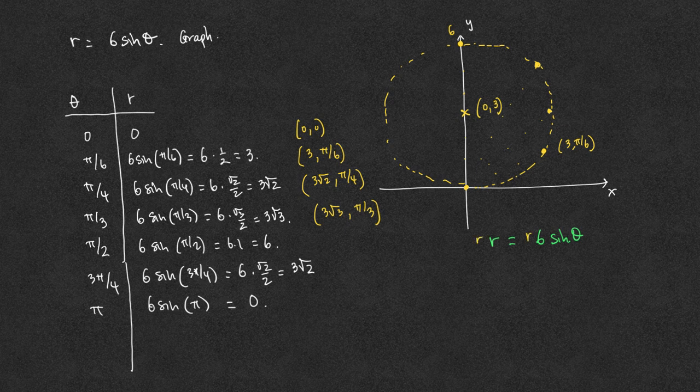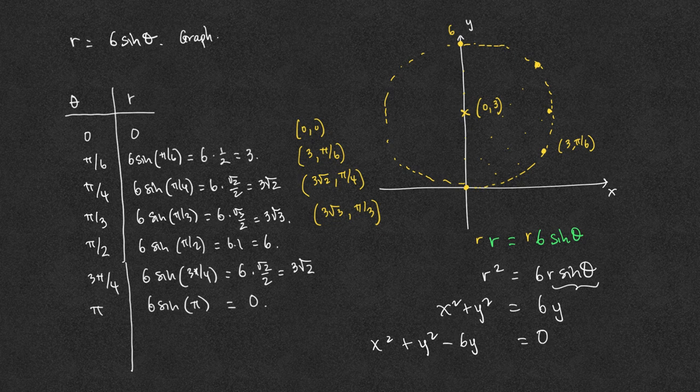The left-hand side is now r squared. The right-hand side is 6r sine theta. r squared is x squared plus y squared, and r sine theta is y. We then complete the square, moving everything to the left-hand side. This is x squared plus y squared minus 6y equals 0.